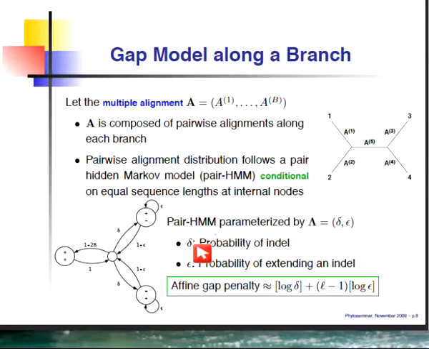Here I've said there's some probability between each of the events, but we might want to make that a function of what the branch length is itself. And we can return to that in discussion later, but it's not really necessary for understanding the whole model.